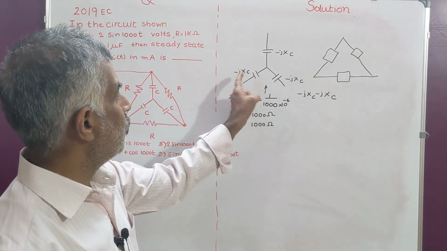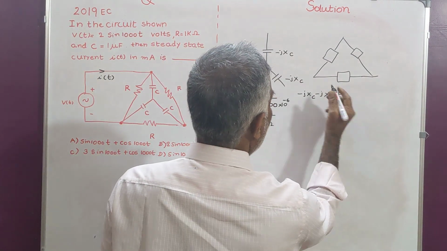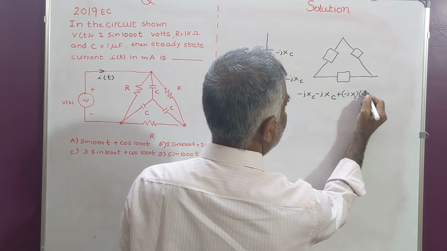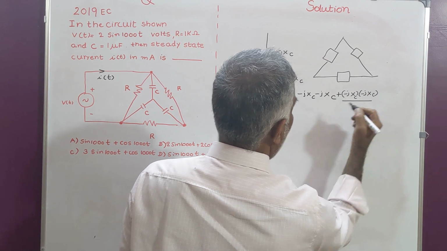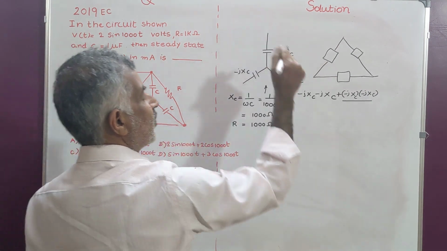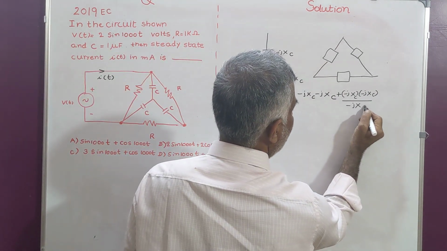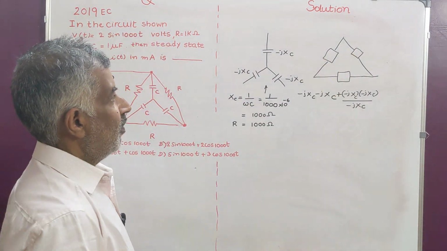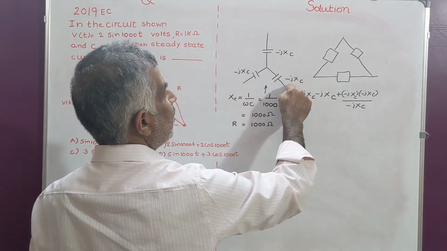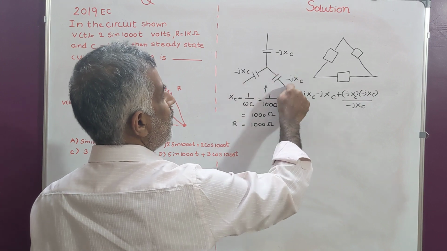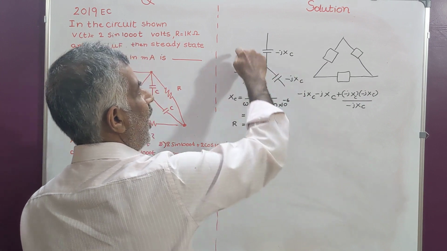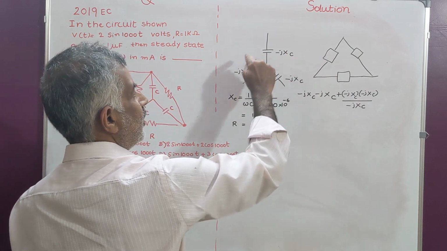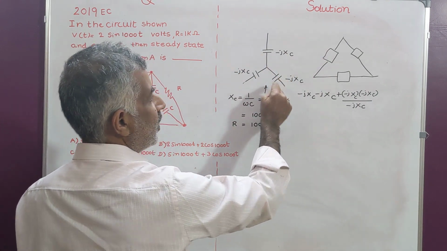You have added these two, take the product of these two, and divide by this side impedance, that is minus jXc. This is repeated for these two impedances also. For this impedance, this plus this into this divided by this. And for this impedance, this plus this into this divided by this.